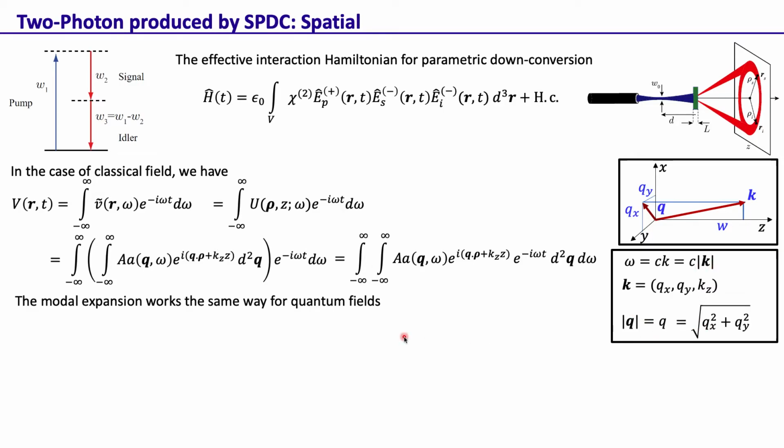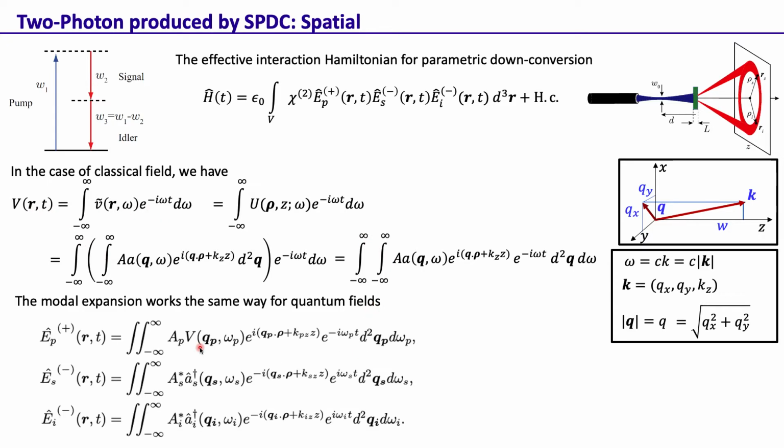So, the modal expansion that we have done here works exactly the same way for quantum fields as well. If we have a quantum field E_p^+(r,t), we can do the modal expansion exactly the same. There is no difference. Here, since the pump is a very intense field, we don't treat the pump as a quantum field.